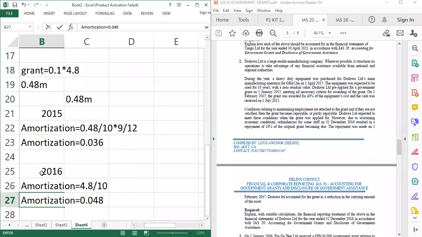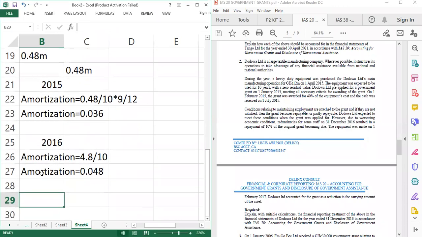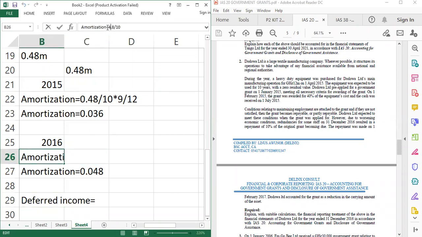So what will be the carrying value of this particular grant now? What will be the deferred income, the balance on this particular grant? It was 0.48. If it's 0.48 divided by 10, 0.048. Okay.